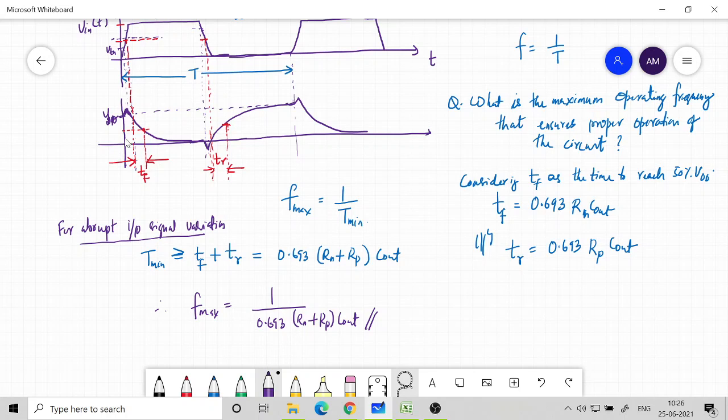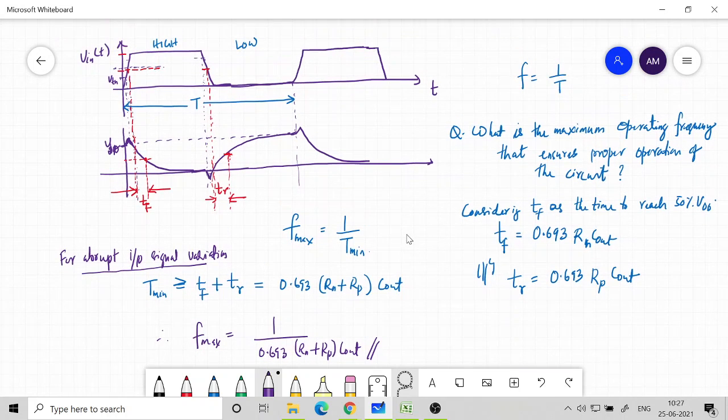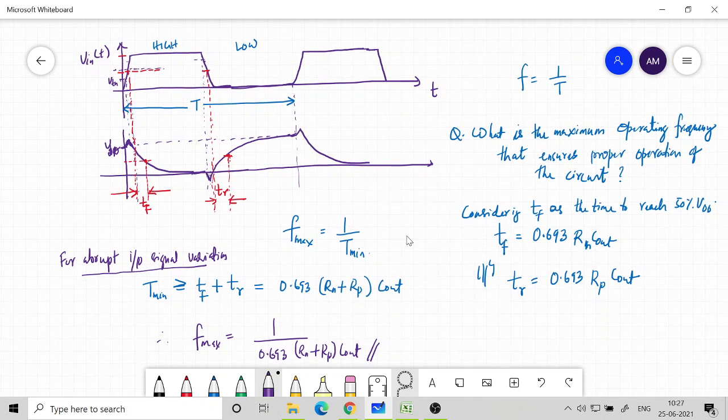Also in the next lab, we will do the dynamic characteristics and see these waveforms, and you can study the effect of changing the W of NMOS and PMOS, how it changes the rise and fall time and the maximum operating frequencies. So today we will stop here.